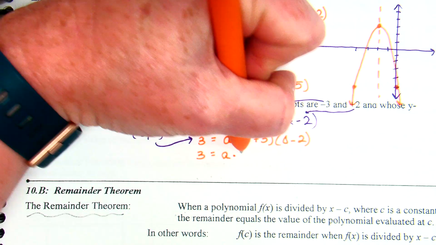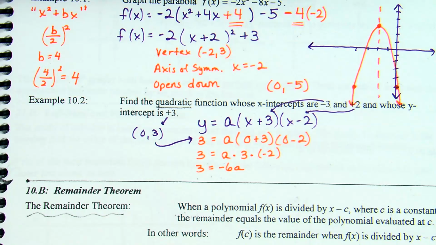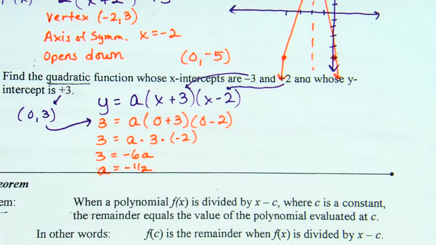Negative 6a equals 3. Divide by negative 6, and a is negative 1/2, because 3 divided by negative 6. Now can we write an equation? Yeah, now we have the information to write an equation.